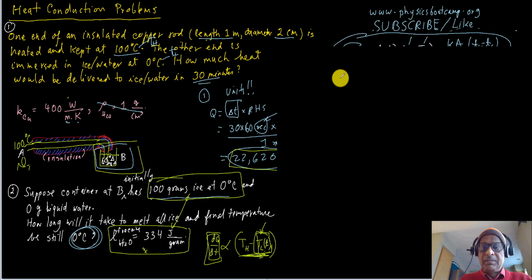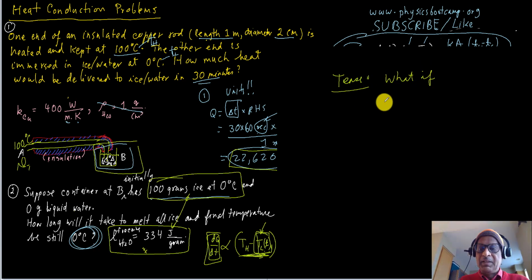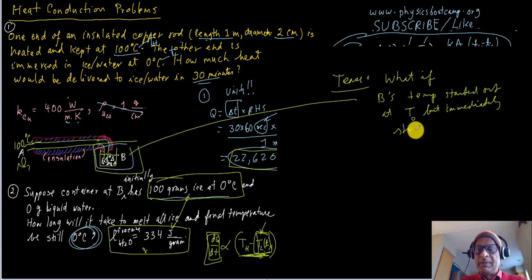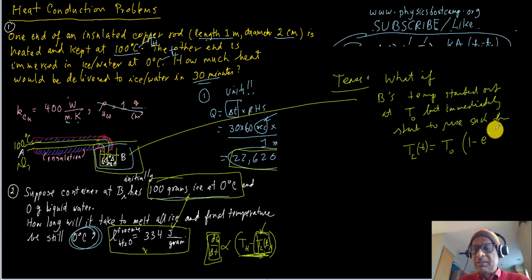So here's a tease. What if B's temperature started out at T0 but immediately starts to rise, such that TL at some time t is T0 times (1 minus e^(-alpha t))?